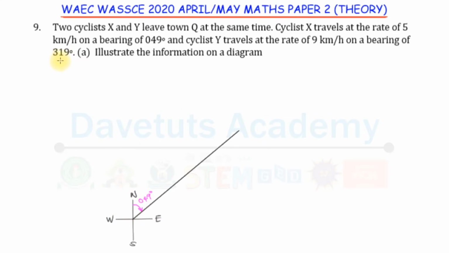But here we are being told it is 319, so that will be in this last quadrant between 270 and 360. So you can just say we are moving somewhere like this, and this will be 319 degrees. So you can also take that bearing just straight up to where cyclist y will be located.